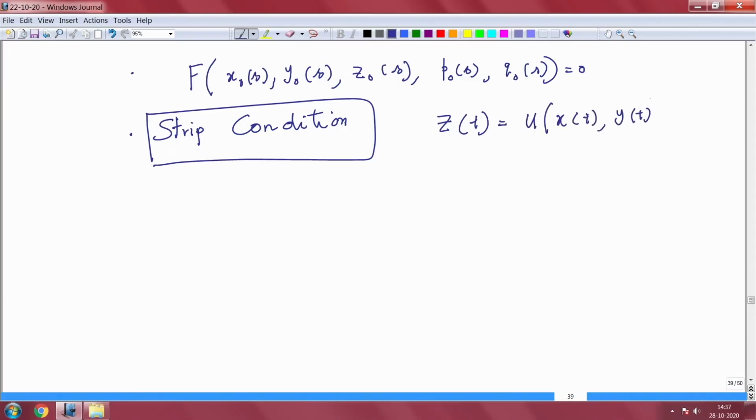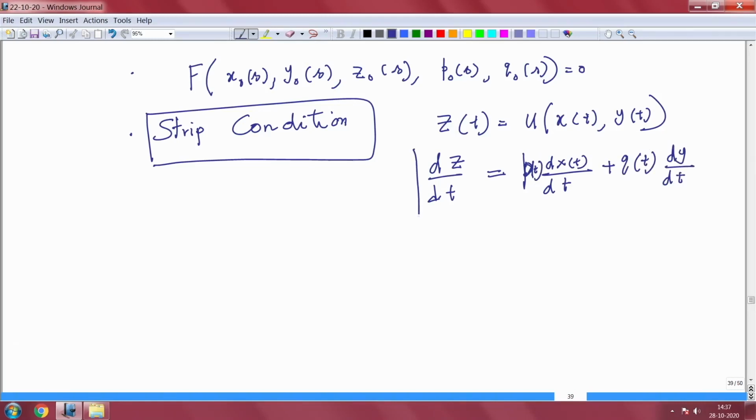If you differentiate this with respect to t, you will have dz/dt is equal to u_x, which is p, times dx/dt. This is p(t), satisfied for every t, plus q(t), that is u_y, times dy/dt.